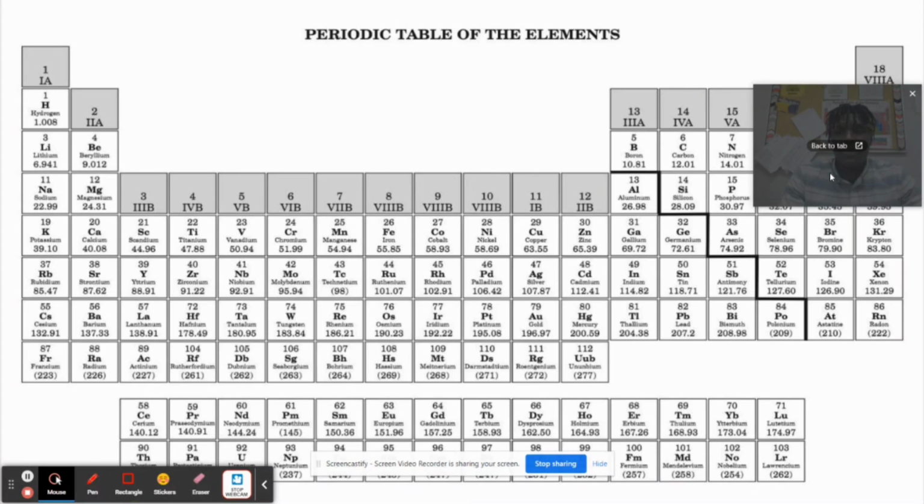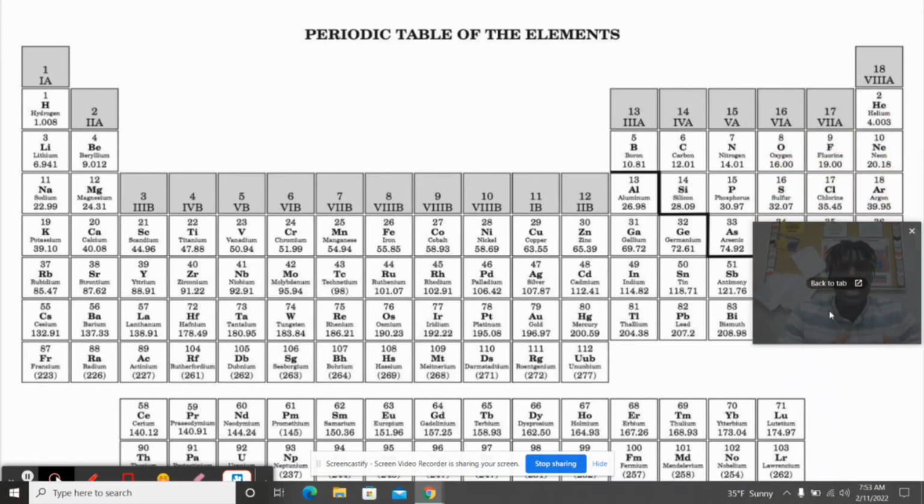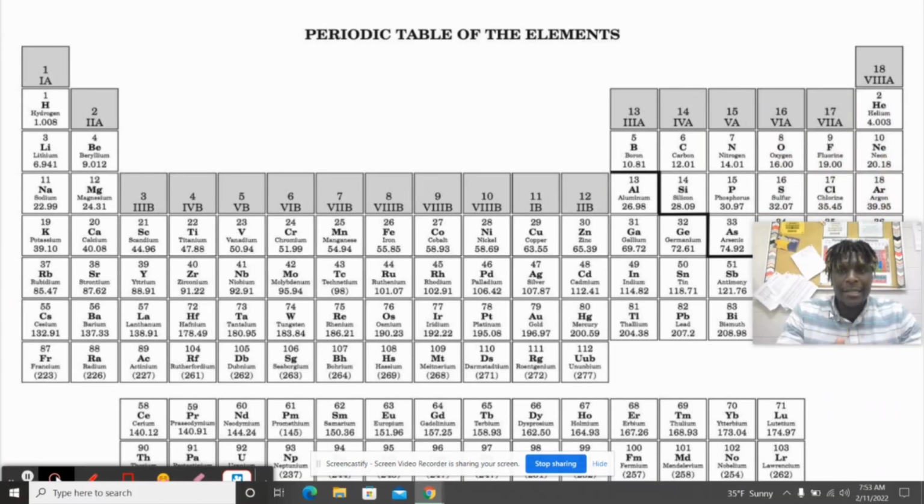So, the modern periodic table, this is how it is arranged. This is what you would see when you go in the EOG or your end of year exam. You'll be getting one of these, and don't be afraid to use it. Let's answer question number one. What is the periodic table?